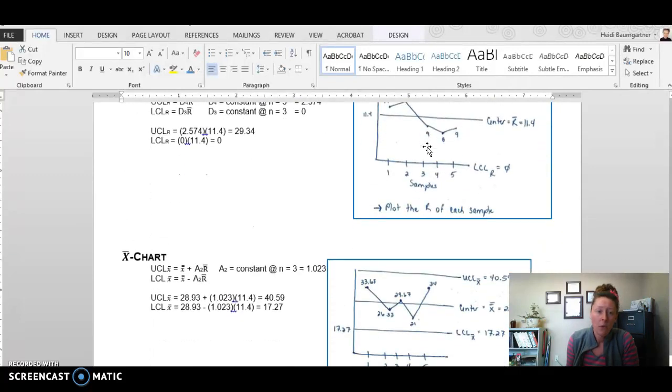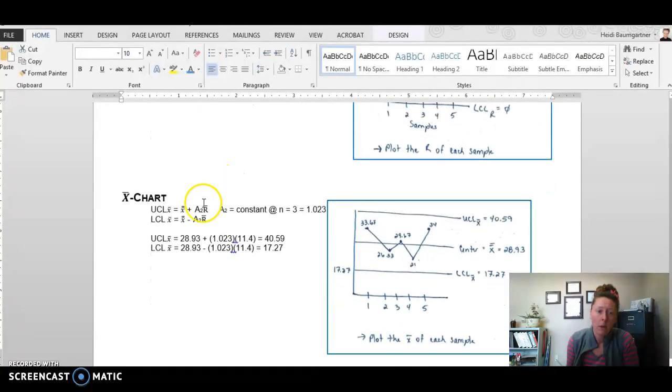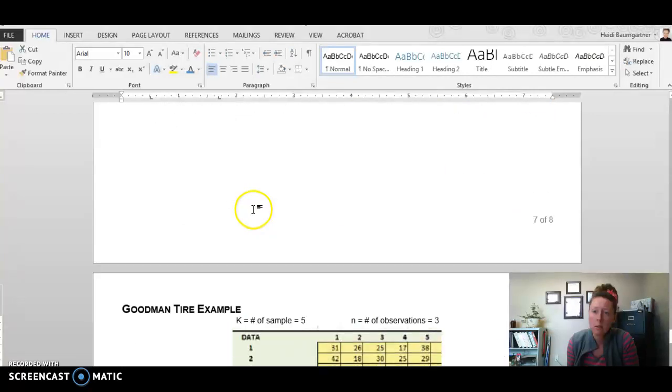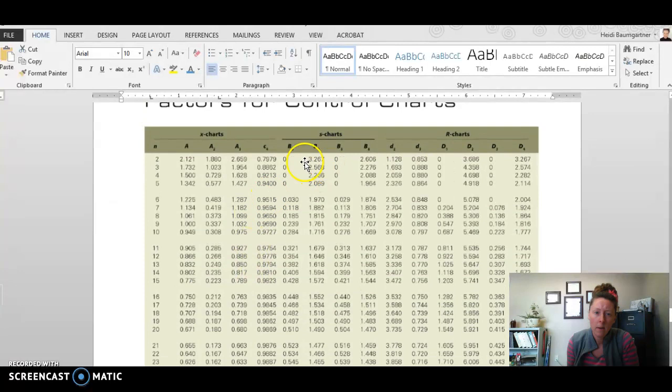So we do the same with the X bar chart. We have an A2 constant that we need to pull from the chart for the X chart. Our n is equal to 3, and we're looking at A2 is 1.023.